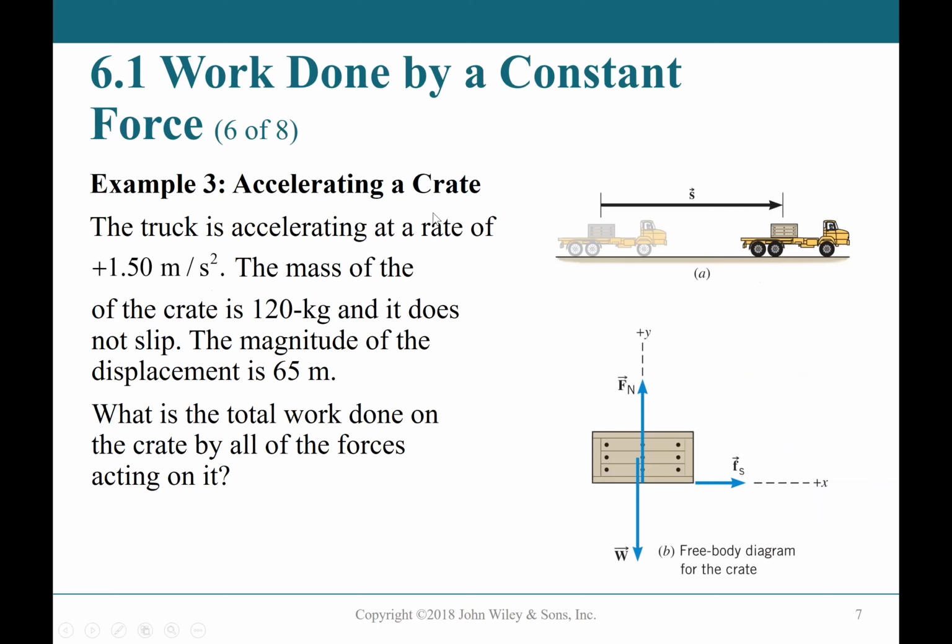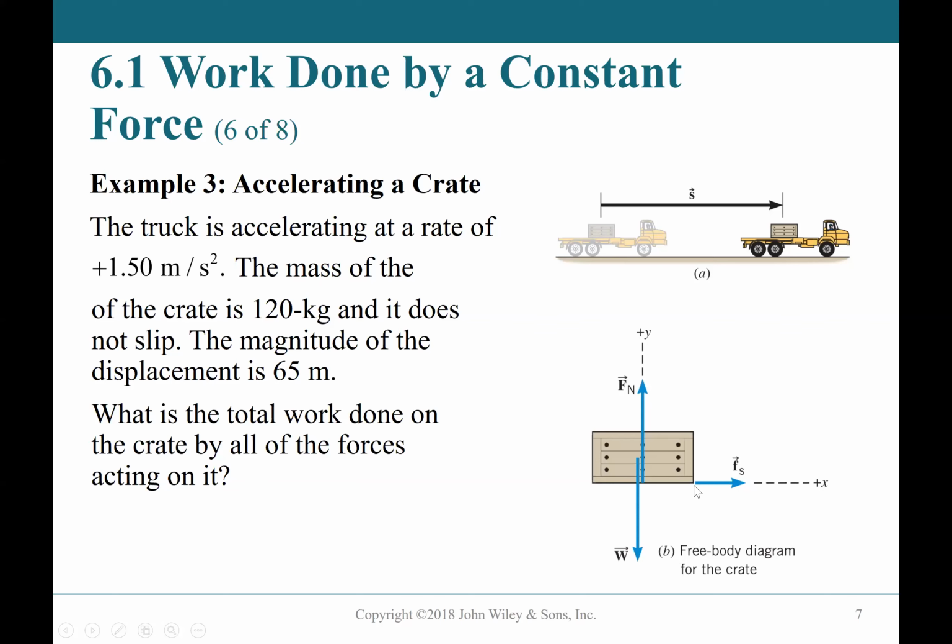Now, work done by a constant force, an example of accelerating a crate. The truck is accelerating at a rate of 1.5 meters per second squared. The mass of the crate is 120 kilograms, and it does not slip. The magnitude of the displacement is 65 meters. What is the total work done on the crate by all of the forces acting on it?